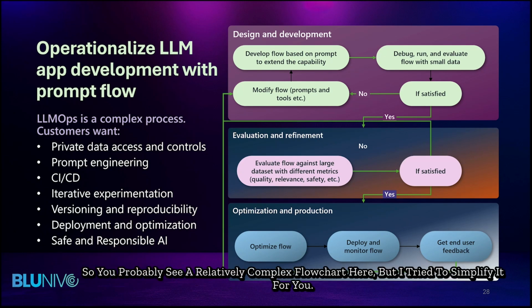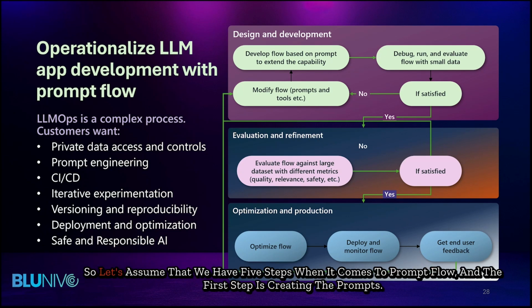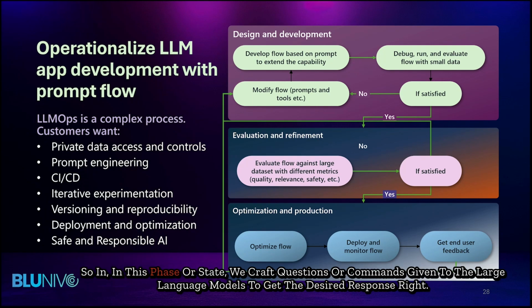So you probably see a relatively complex flowchart here, but I tried to simplify it for you. So let's assume that we have 5 steps when it comes to prompt flow, and the first step is creating the prompts. In this stage, we craft questions or commands given to the large language models to get the desired response, right?